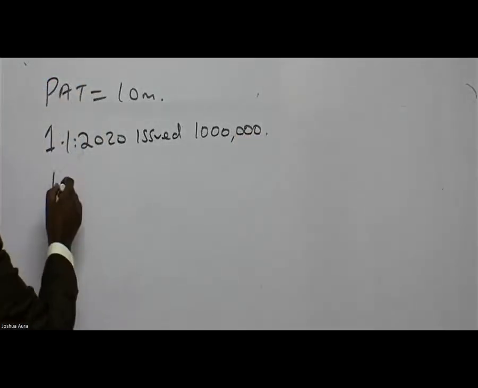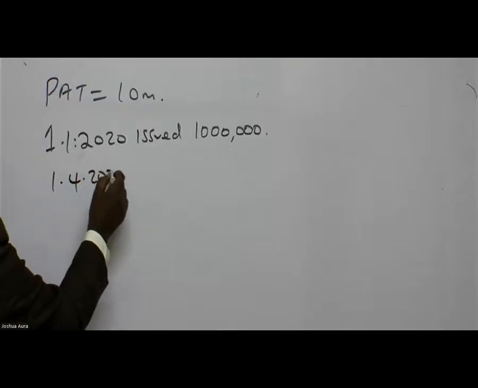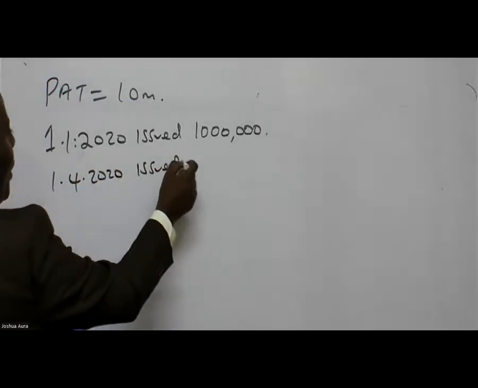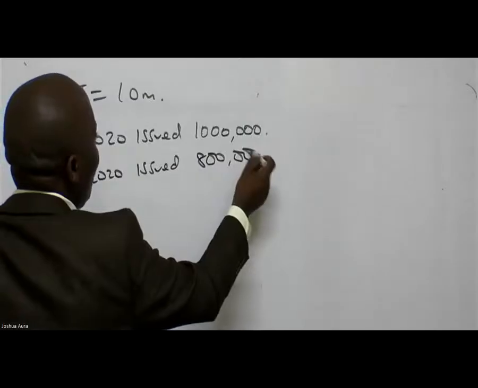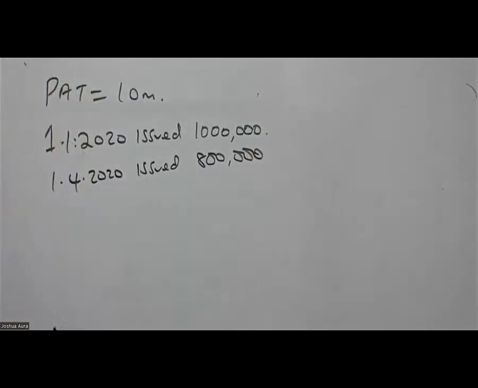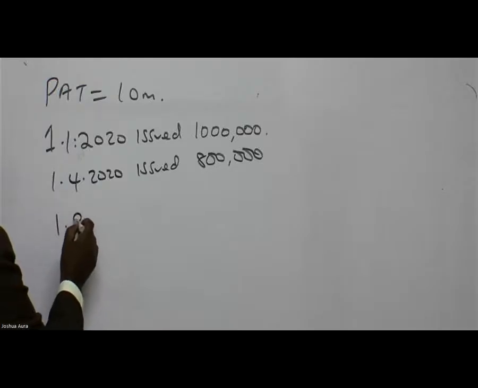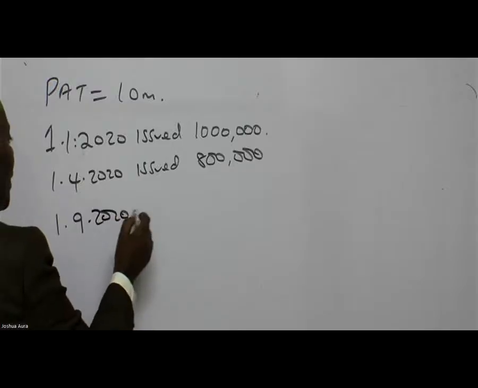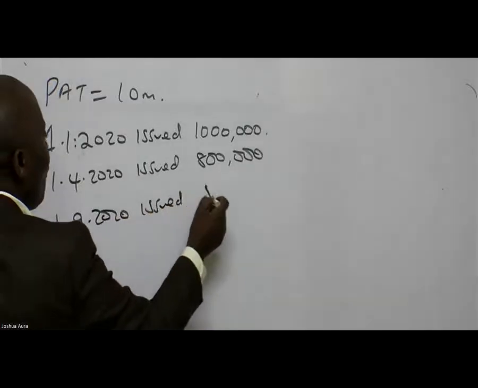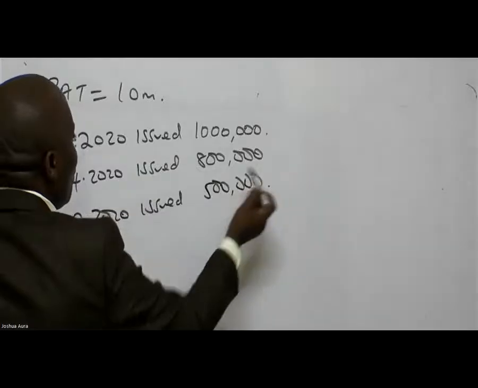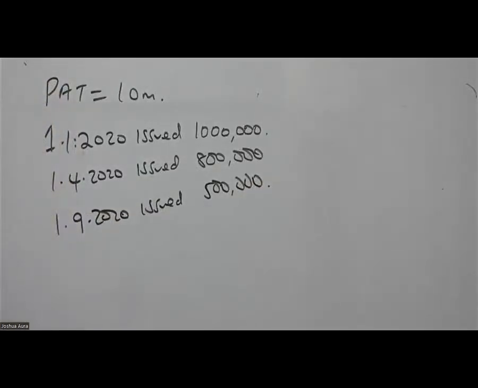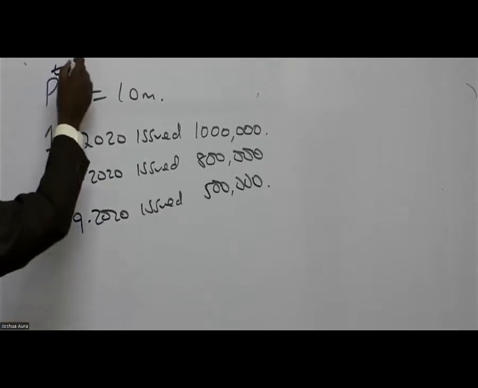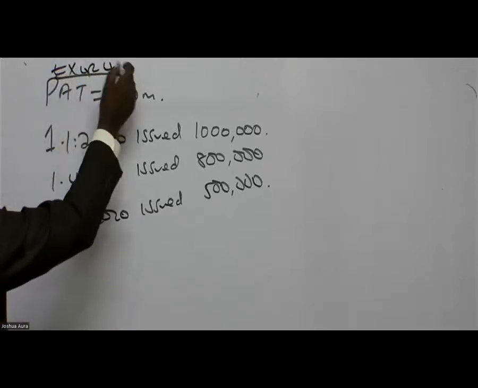And then 1st of April 2020, we issued some new shares, 800,000. And on 1st of September 2020, we issued 500,000 shares. So this is supposed to be exercise number 4.